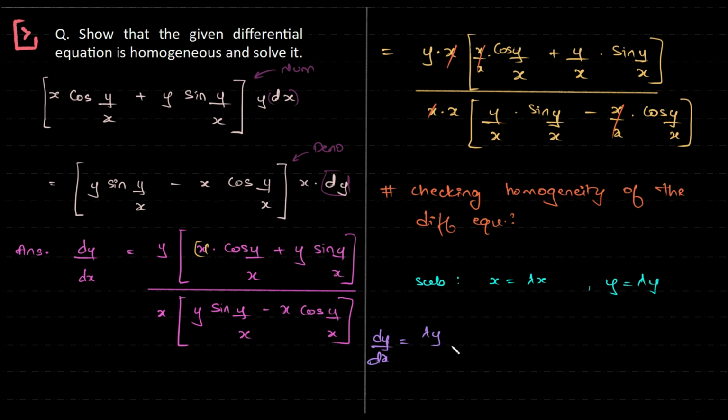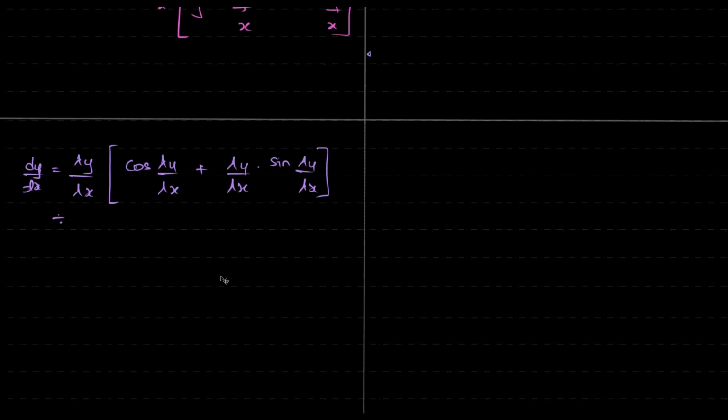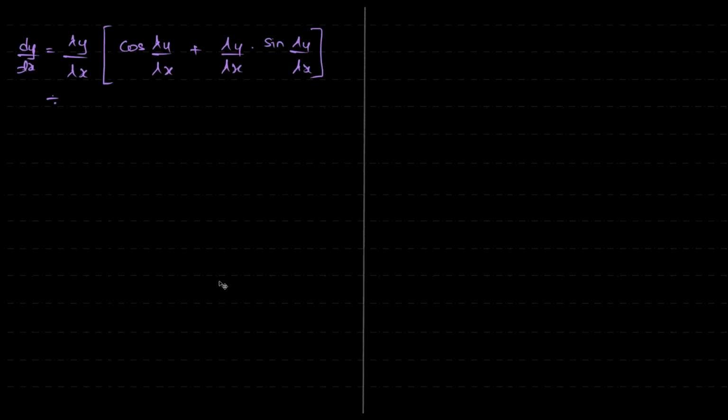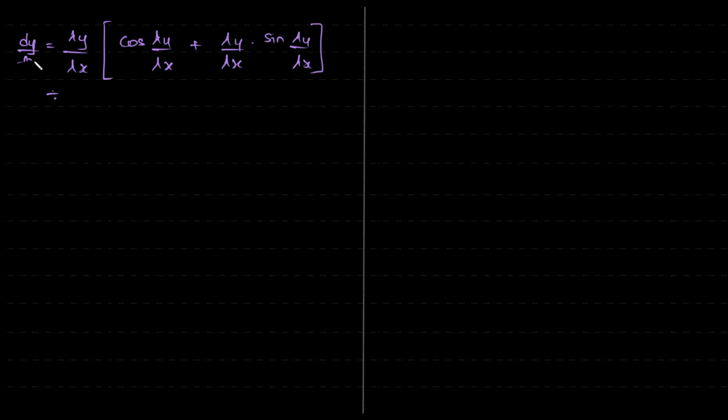So this would be lambda y by lambda x, and we have cos of lambda y by lambda x plus lambda y by lambda x into sine of lambda y by lambda x. Yeah, there's a lot of writing, I agree. Divided with, okay, I don't have space. Okay, divided with y by x.